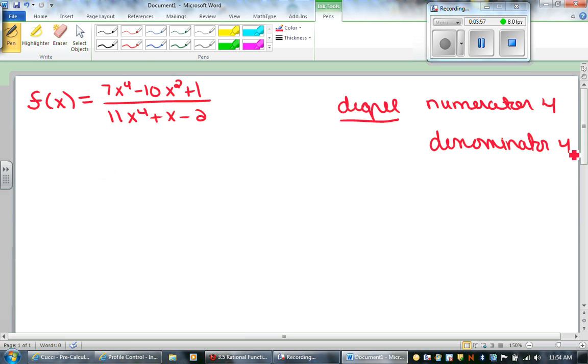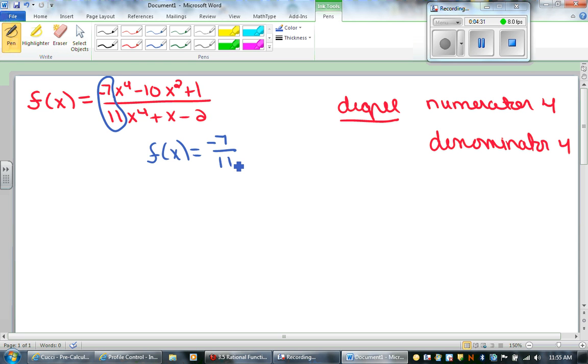The rule is if the degrees in the numerator and the denominator are the same, what we can do is take the leading coefficients, and that becomes our vertical asymptote, or horizontal asymptote, I'm sorry. So since the degrees are the same, what I can do is just take this. Okay, and we can say that there is a horizontal asymptote at negative 7/11. So that's a really easy rule for you to remember.